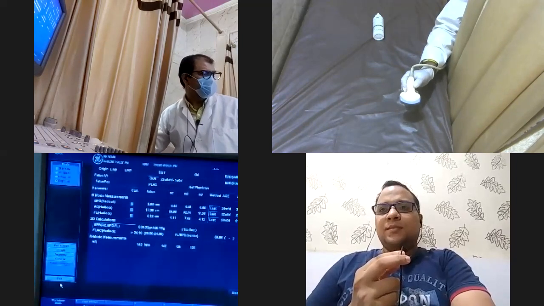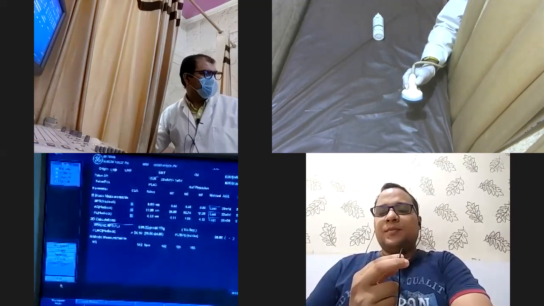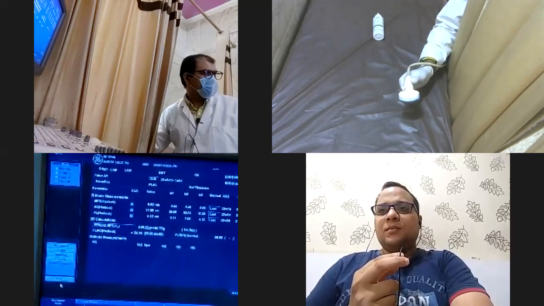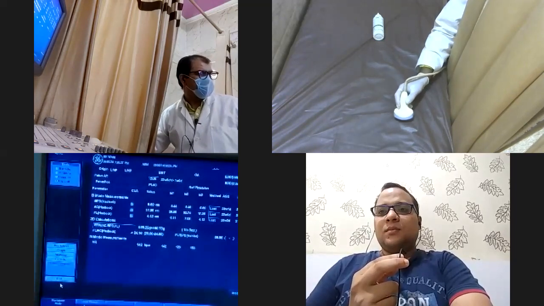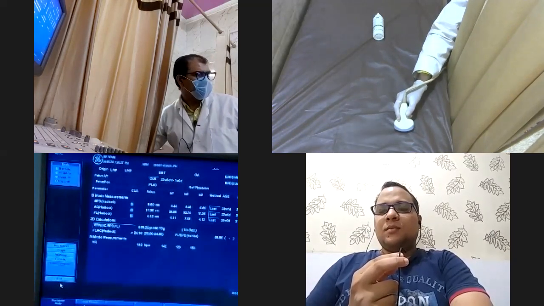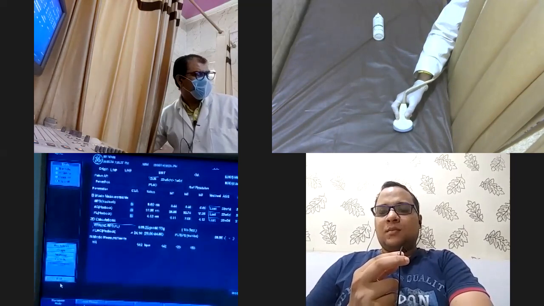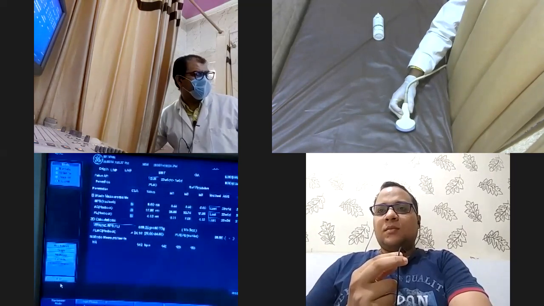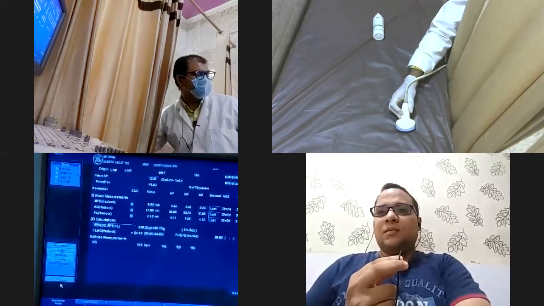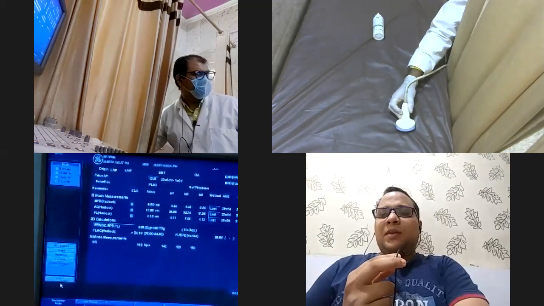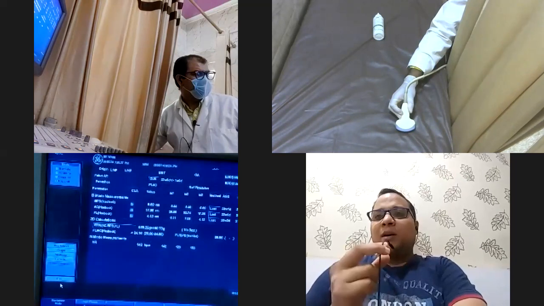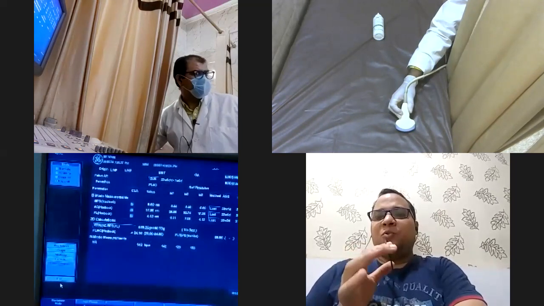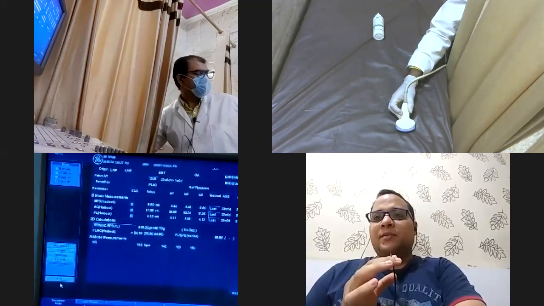Now tell me whether I have to put the probe like this or like this when I am taking a transverse section. So when we are taking a transverse section, the marker which is on the probe should face towards the patient's right. Very good.